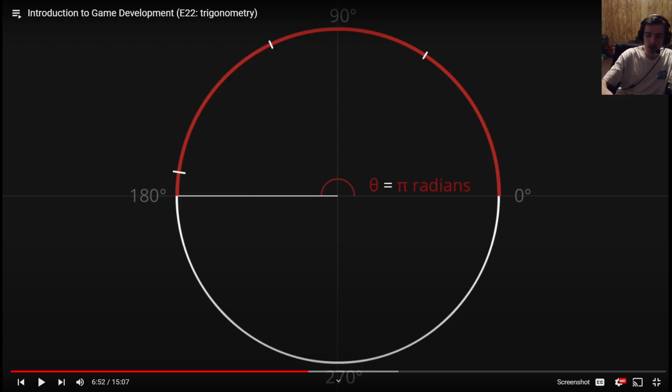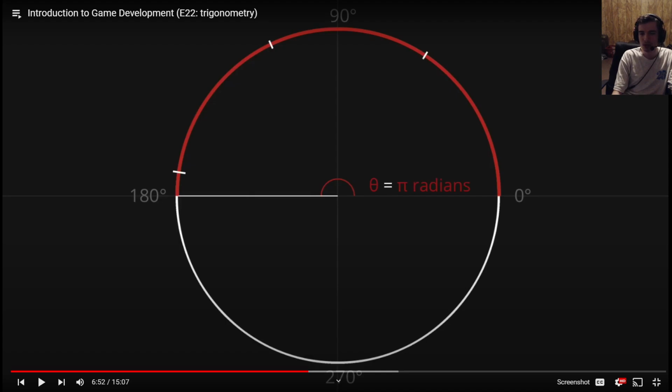Pi radians, or the sum of all angles in a triangle equals pi radians.